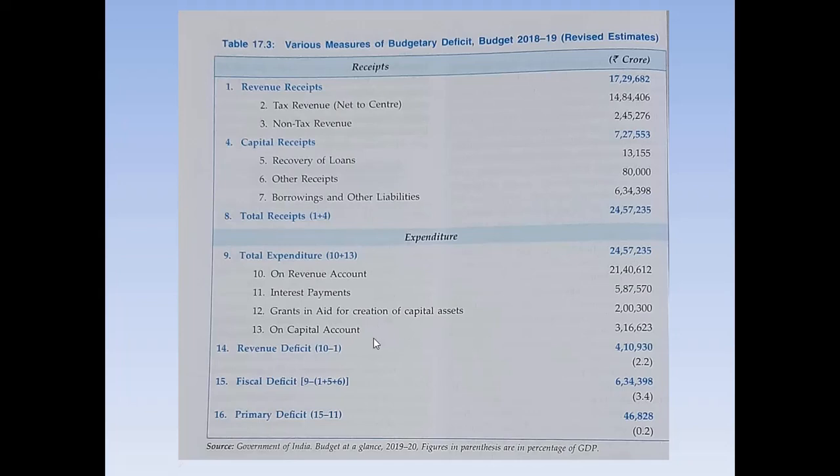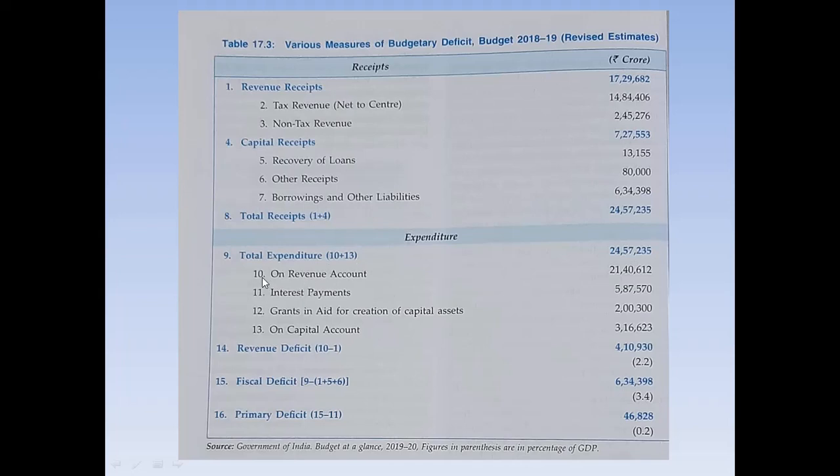The revenue deficit is expenditure minus income. That is your 10. This is your revenue expenditure on revenue account, and on capital account it is your capital part. Capital expenditure, revenue expenditure.